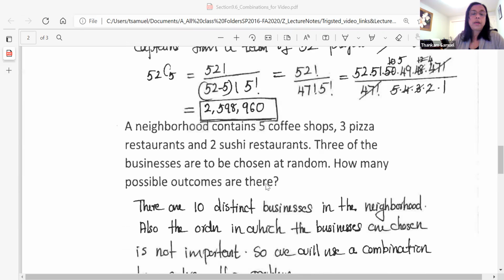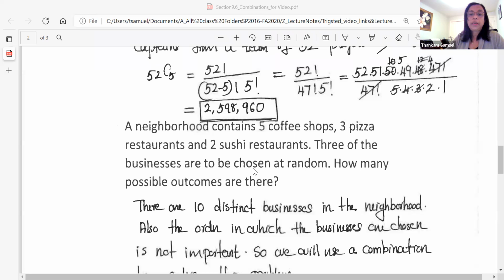Let's look at another problem. A neighborhood contains 5 coffee shops, 3 pizza restaurants, and 2 sushi restaurants. 3 of the businesses are to be chosen at random. How many possible outcomes are there? So this is about restaurants.